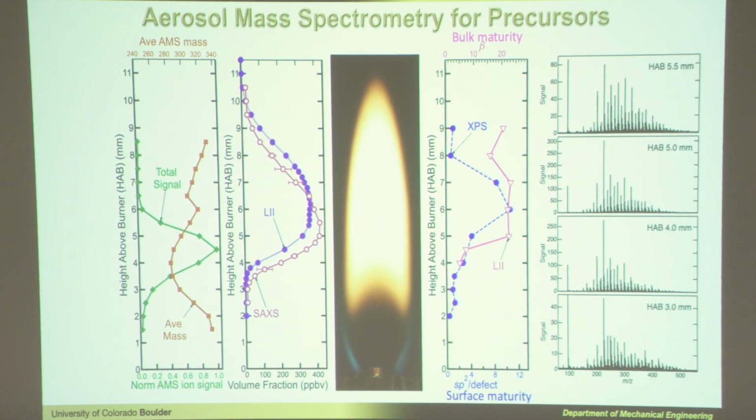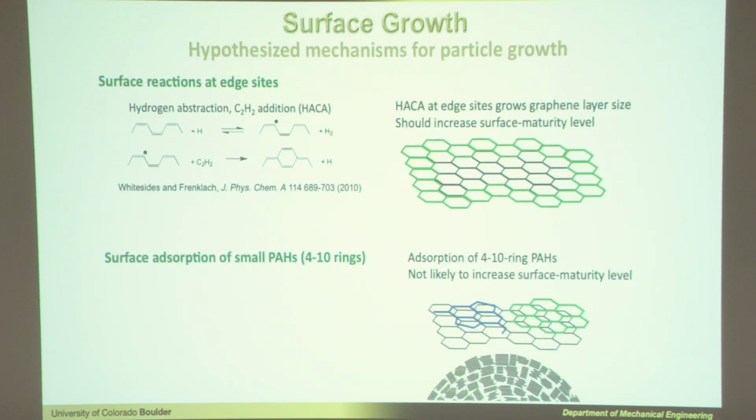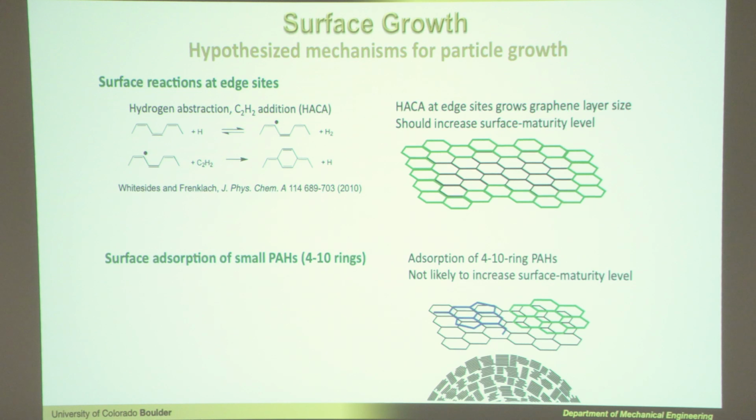So as the bulk is maturing, the surface is not maturing because it's just growing with these non-mature, kind of constant size species. So the maturity would be how big is that sheet. What it looks like is that in this flame, in this region where we did all these measurements, we're not getting the growth of the big sheet on the top, because that would make our surface maturity grow faster than our bulk maturity.